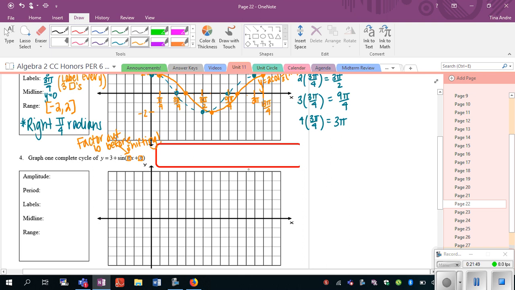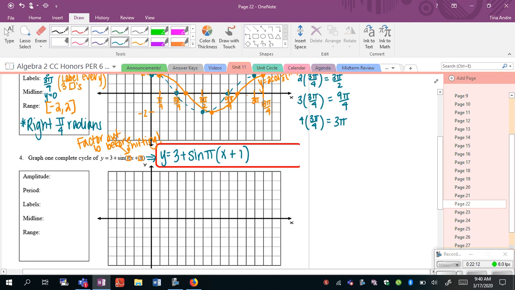So in this box here, what do we get when we factor out? This equation is going to turn into y equals 3 plus sine, factor out a pi. So we have pi times (x plus, this is just going to end up being a 1). Right?